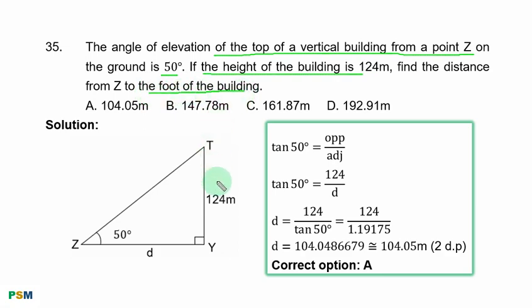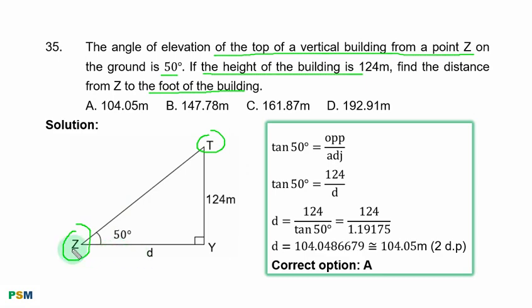Solution. Y is the building, the top is T, the foot is Y. You have point Z whose angle of elevation from the top of the building is 50 degrees.